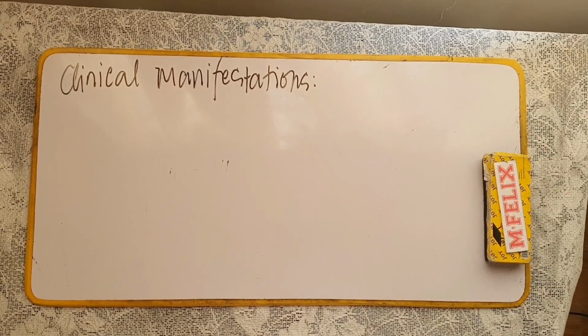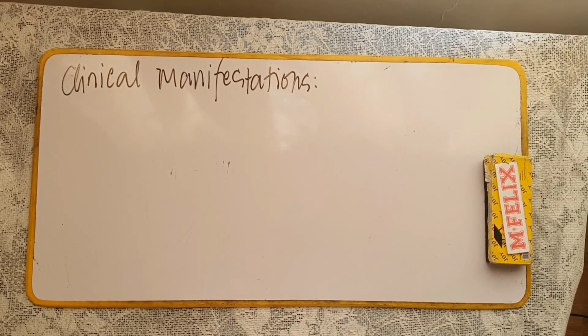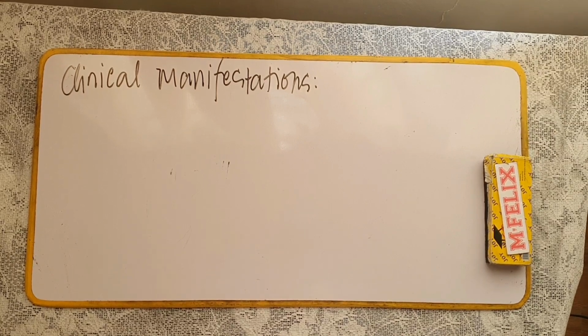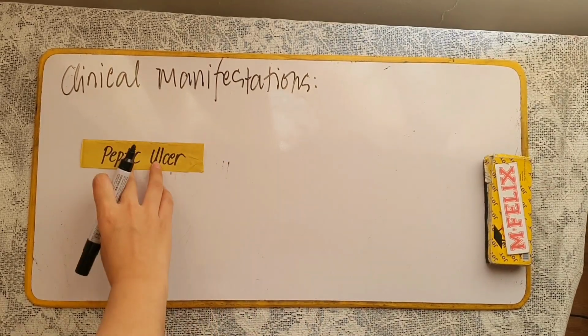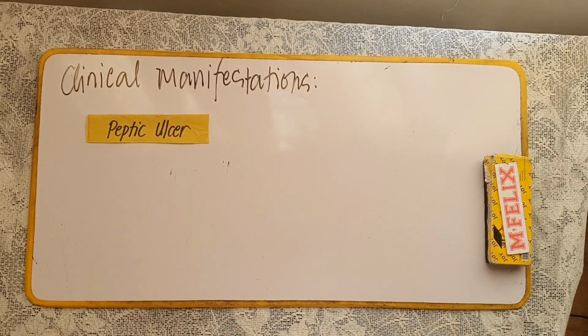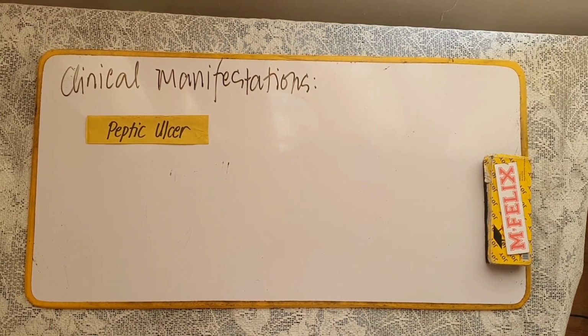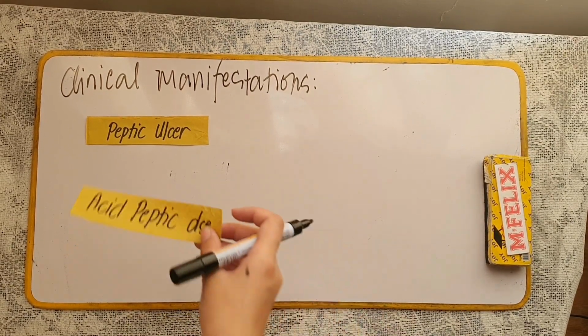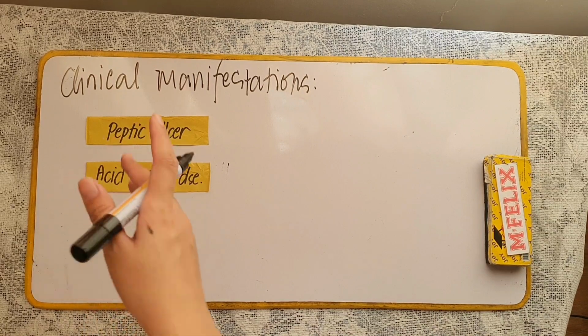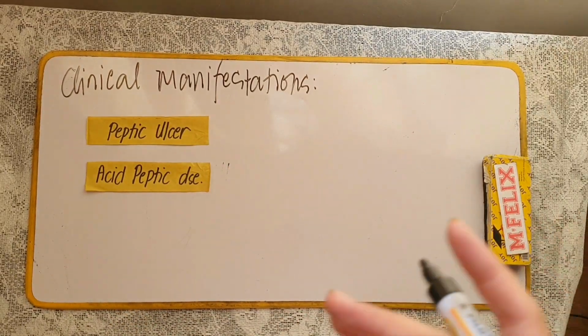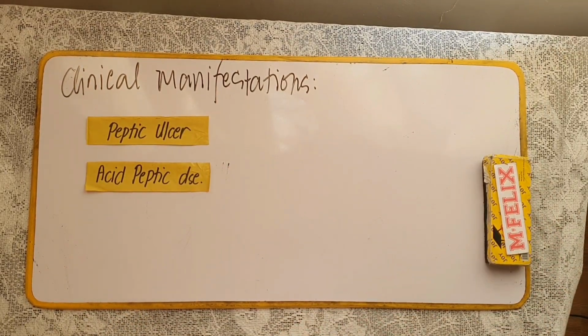Now, the most common clinical manifestations observed were consistent with peptic ulcer disease, or acid peptic disease. These are the most frequently encountered clinical manifestations associated with Heterophyes infection.